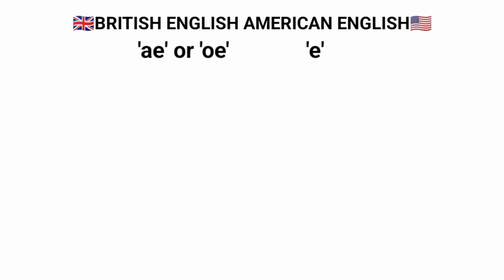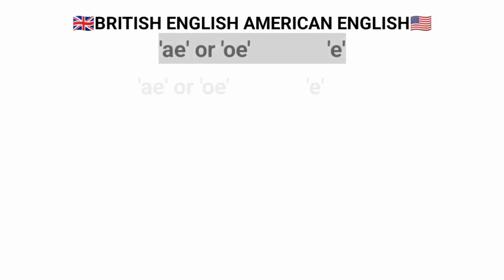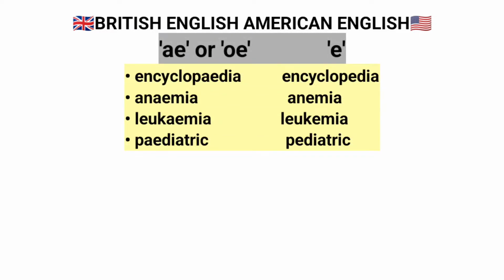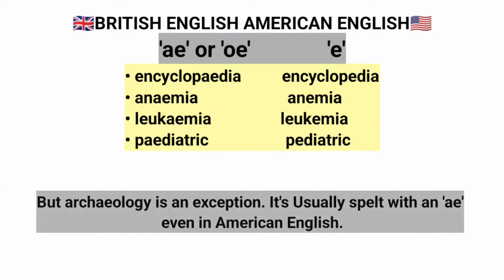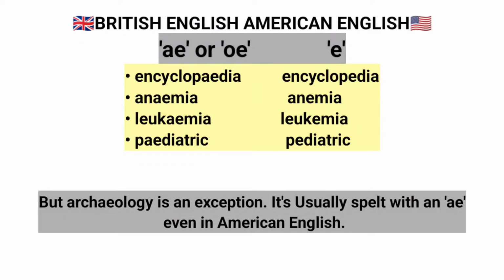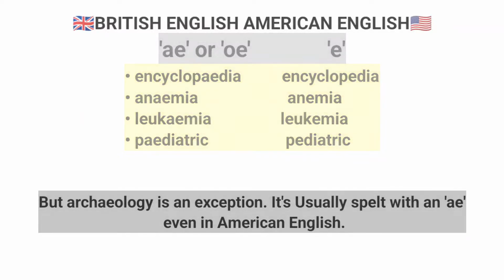The AE or OE letter combination in British spellings is often replaced with just E in American spellings in the following words: encyclopedia, anemia, leukemia, pediatric. But archaeology is an exception. It's usually spelled with an AE even in American English.